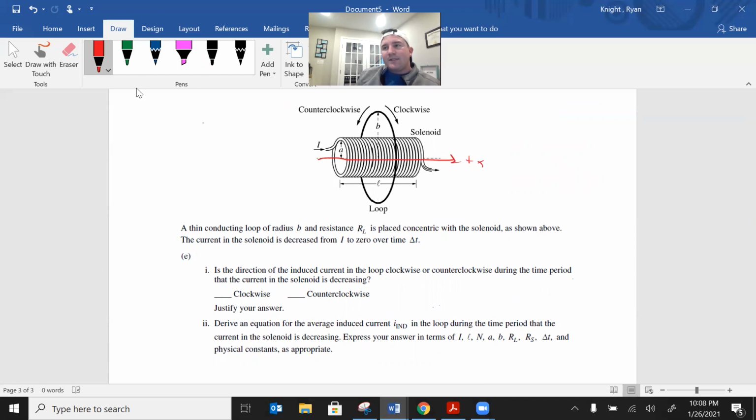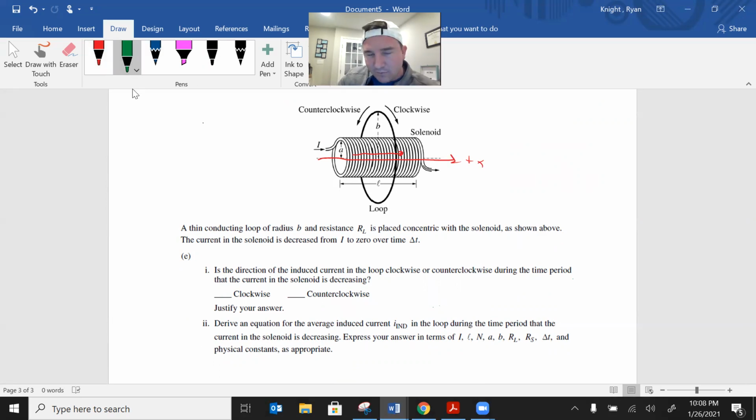If our current is decreasing, that's going to mean that the magnetic field in our solenoid is going to decrease as well, which means it's going to go from this long magnetic arrow to a much smaller magnetic field arrow. Our induced current is going to act to oppose that. It wants to keep the magnetic field the same.